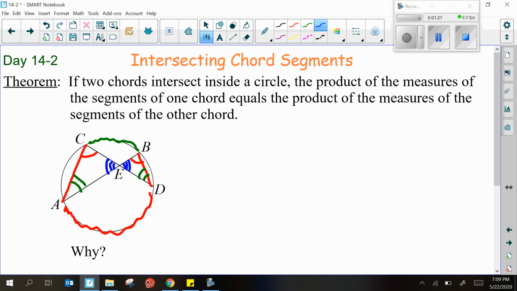So this is going back to one of our previous units. I know that AE is to, now what's going to correspond to AE? It's going to be ED as CE is to EB.